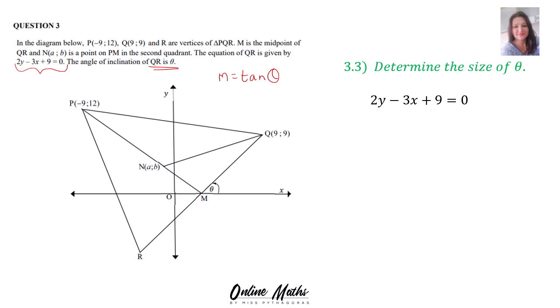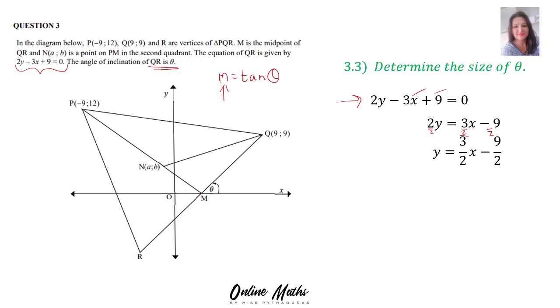M means gradient. So let's write this equation that was given in standard form so that we can find the gradient. Standard form is y = mx + c. The first thing that I did, I took the negative 3x and the plus 9 across, and then you divide right through by 2, and you end with y = 3/2 x - 9/2.